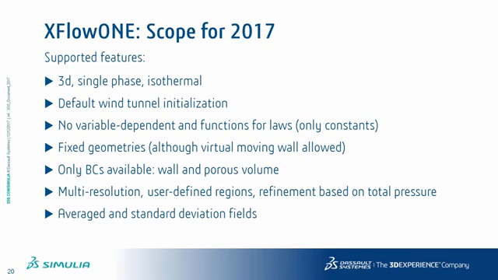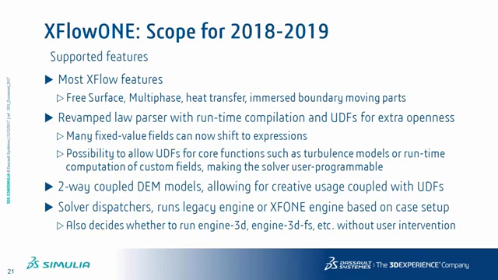Of course, we're seeing really huge performance boosts, so we want to port that to 2018, 2019. It's going to be to rewrite the entire XFlow feature set, so from free surface to multi-phase to immersed boundary moving parts, and take advantage of this rewriting of the code and put in a few inputs, like some UDFs, user-defined functions that can be compiled at execution time, which will allow the user to do some really interesting stuff with XFlow.